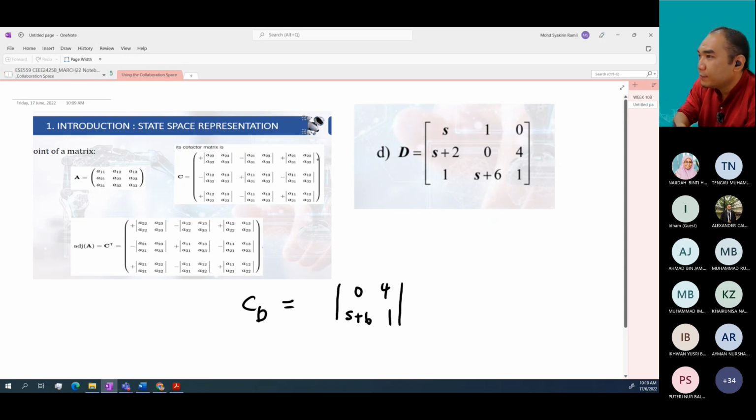Kemudian kat sini pula, dia akan jadi A21, A23. Which is kita akan ada minus, A21 adalah s tambah 2. Ini adalah 4 dan ini adalah 1 dan ini adalah 1. Kemudian yang ini pula, kita akan ambil yang ini which is s tambah 2, 0, 1 dan s tambah 6.